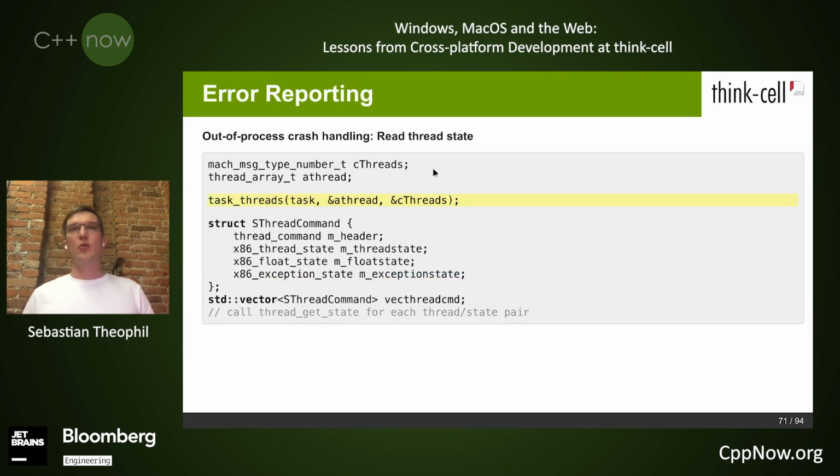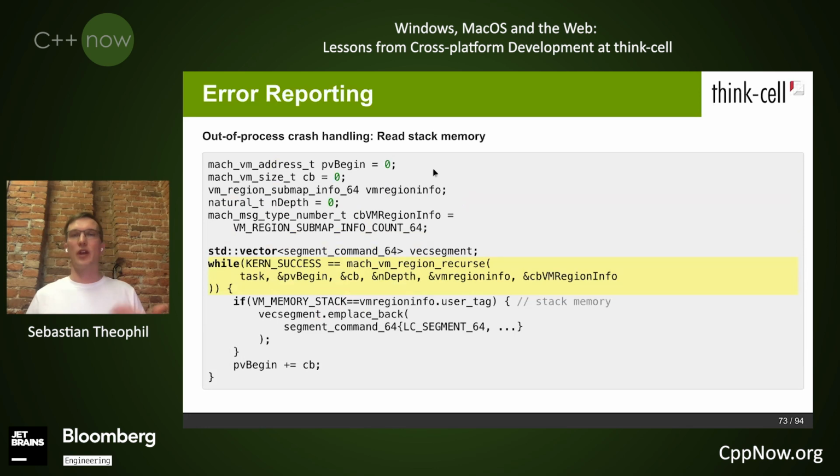Okay, and what you have to do then in the crashing process is pretty simple. You go through the Mach-O core file format into the system functions, and you assemble the necessary information. You acquire a list of all the threads. You get the registers for all those threads. You get the memory regions. There's a function, mach_vm_region_recurse, that goes over all memory regions. It will even tell you, is that a stack memory region or not?